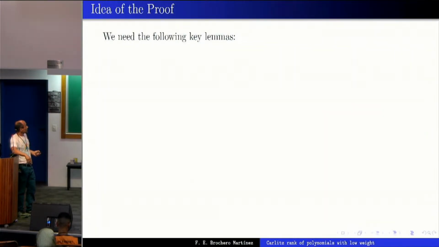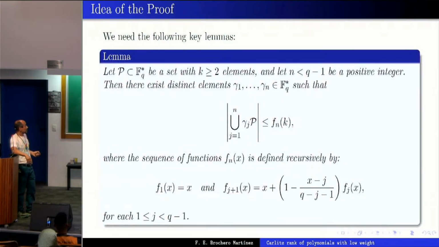The idea of the proof depends on some technical lemmas. The first lemma is that if we take a set with k elements, suppose that P represents the poles of the representation of the function f with Carlitz rank k.